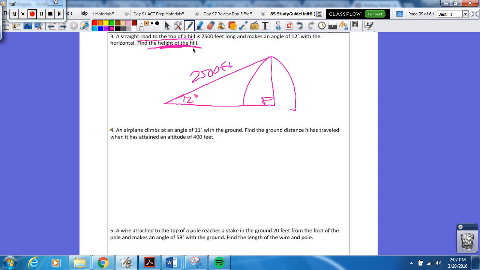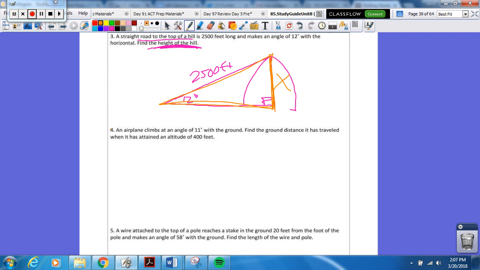Look at the right triangle right there. Find the height of the hill. See if you can do it. I want the height of the hill right here, so here's my right triangle, height of the hill, x. See if you can set up the sine, cosine, or tangent equation.